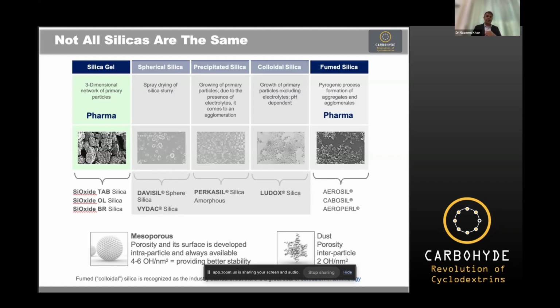Maybe some formulators have seen the bursting problem, or some air coming into the blisters of the tablet. This is also one of the problems of silica, because if the heat is more, the moisture comes out. That means the moisture on the surface, when it comes out, creates a bubble type of appearance, like some bubble is coming from the blister.